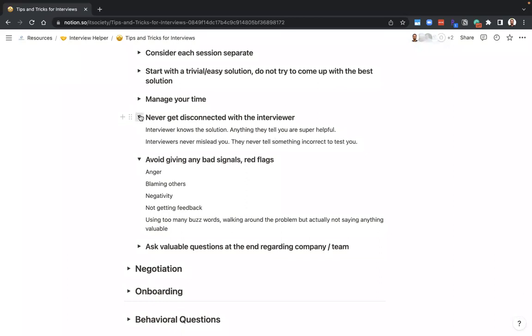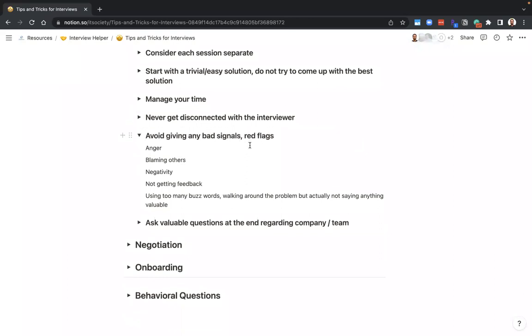And some bad signals, red flags. You should avoid these red flags and bad signals even inside the technical sessions, because these red flags are collected from all kinds of sessions, starting from your first phone call with your recruiter to the end of the whole negotiation. These are all always collected.